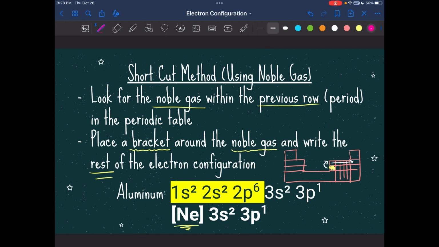What's happening is this highlighted section is being replaced with the noble gas. So you don't even have to worry about the first and second row because Ne covers everything. All you have to do now is write down the rest of the information. That's basically what the shortcut method does. Not too heavily focused, but I just want you to know that there is another shortcut method you can use to help you condense your answer.